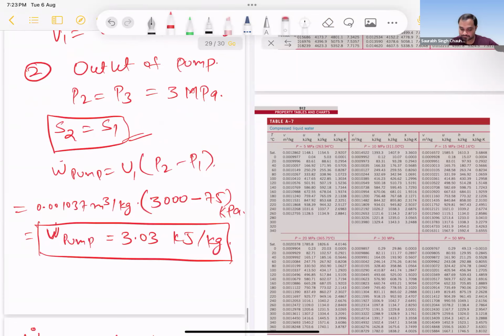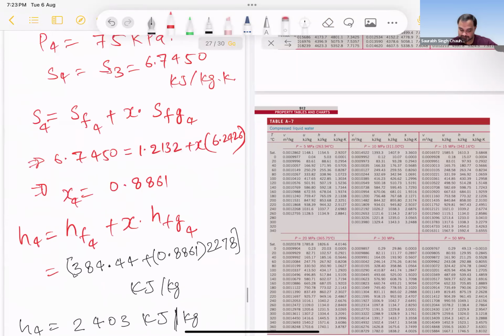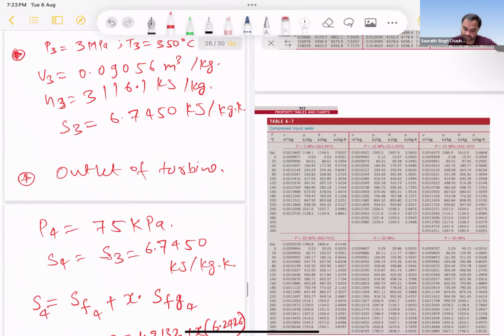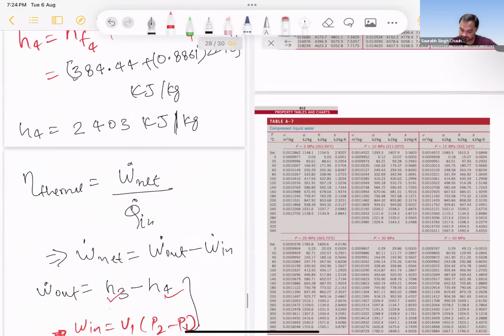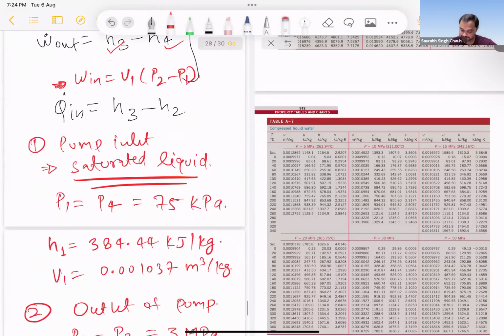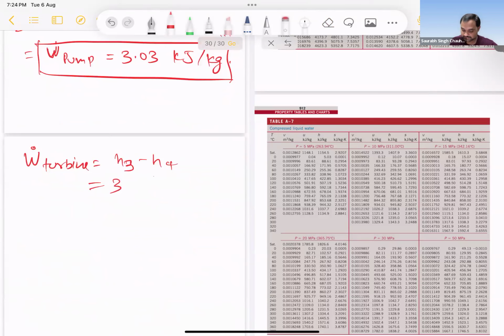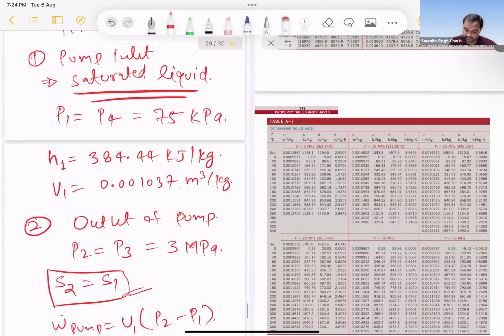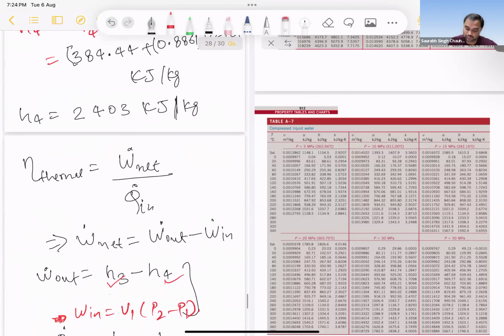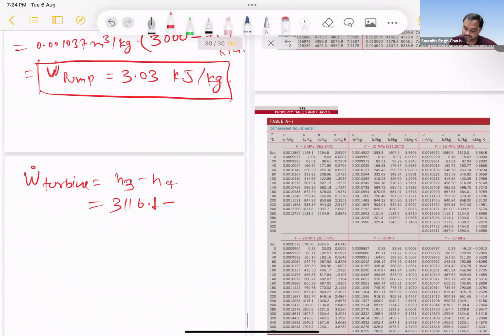H3 we had found from table, and its value was 3116.1 minus H4, which we have found out to be 2403 kilojoule per kg.